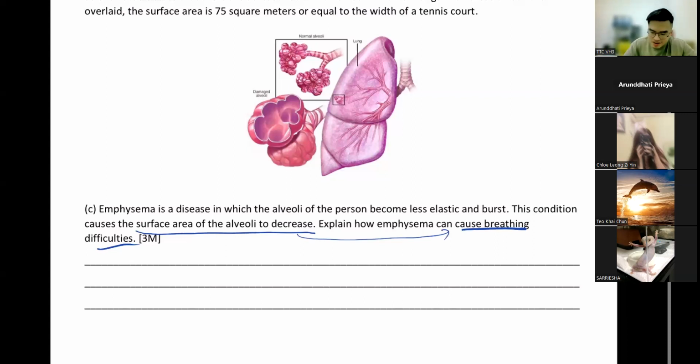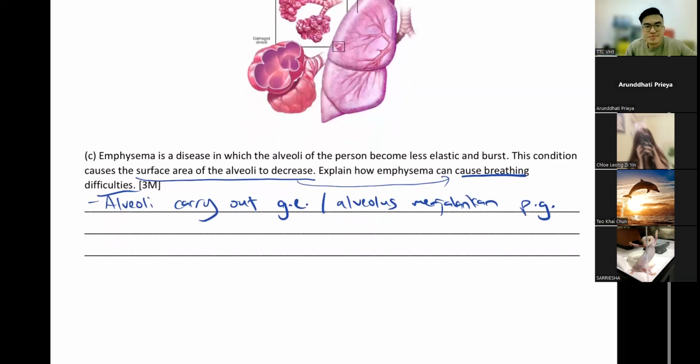What is alveoli for? Okay, so alveoli carry out, yes, gaseous exchange. Okay, alveolus menjalankan pertukaran gas. Okay, so what?